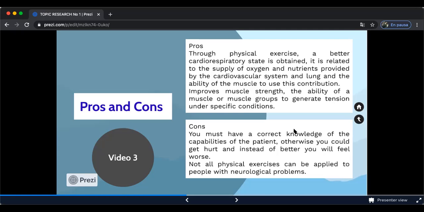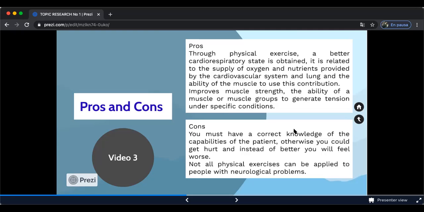And the pros and cons. In the pros, through physical exercise, better cardiorespiratory state is obtained. It is related to the oxygen supply and is improved by the cardiovascular system and lungs. It also improves muscle strength, the ability of a muscle or muscle groups to generate tension under specific conditions.